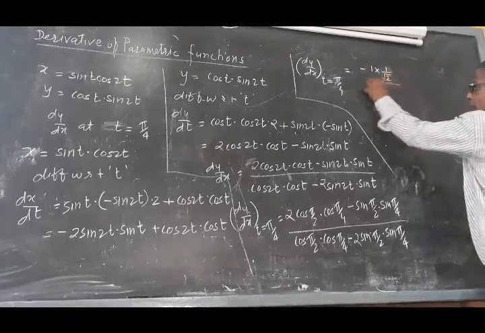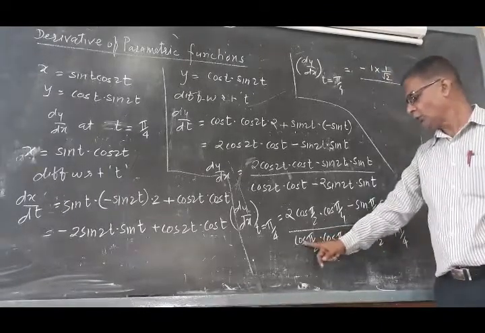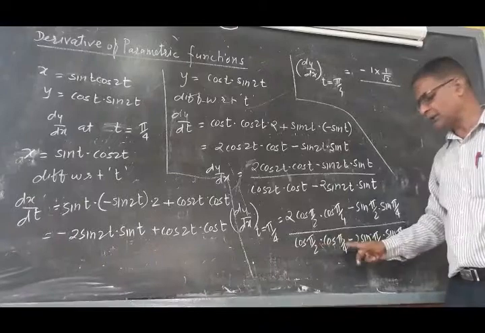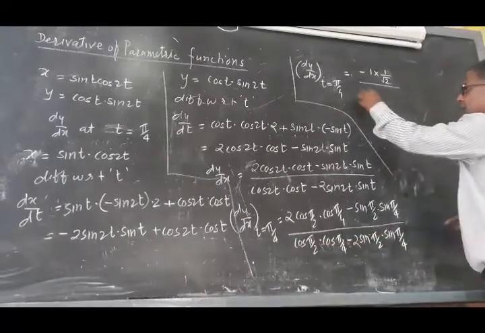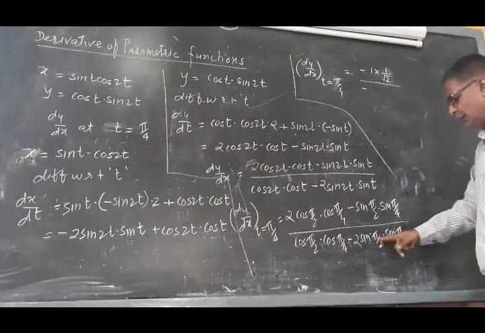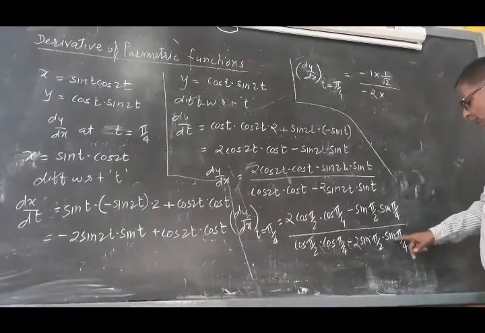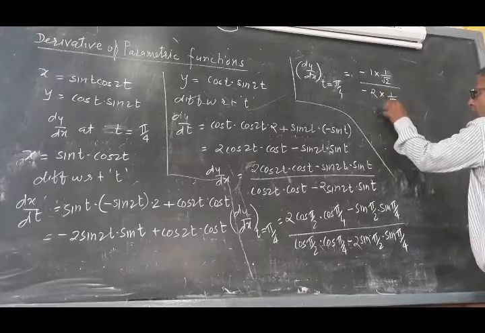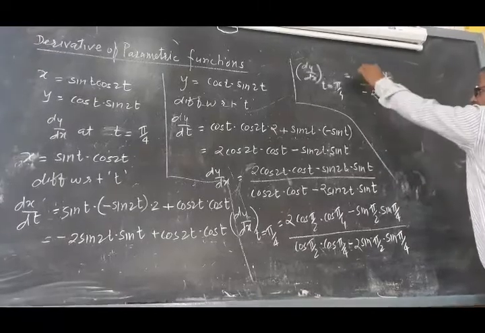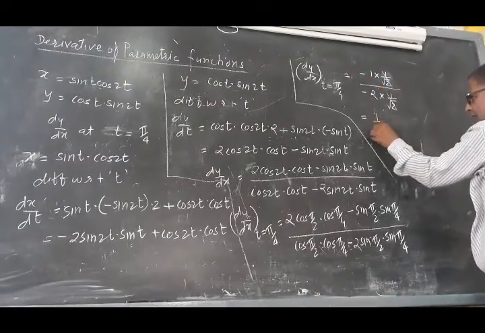That is 1 upon root 2 divided by cos pi by 2, which is 0, so this part is 0. Minus 2 into sin pi by 2, and sin pi by 2 is 1, so 2 into sin pi by 4 is 1 by root 2. So this gets cancelled. Minus divided by minus is plus 2. We get the value equal to half. Okay.